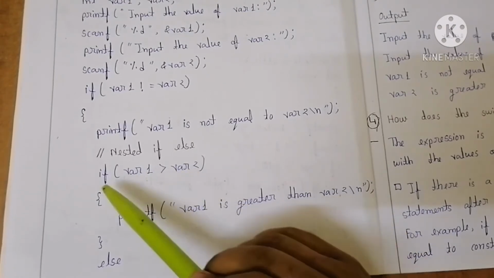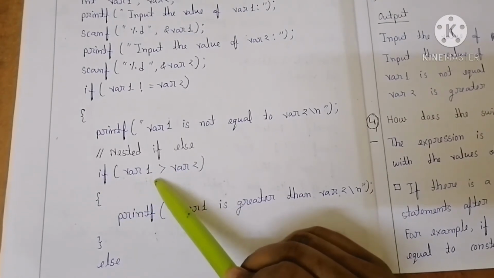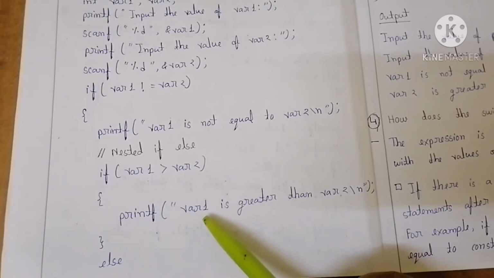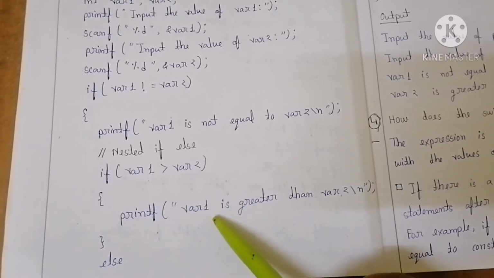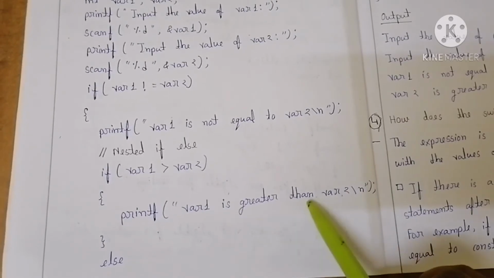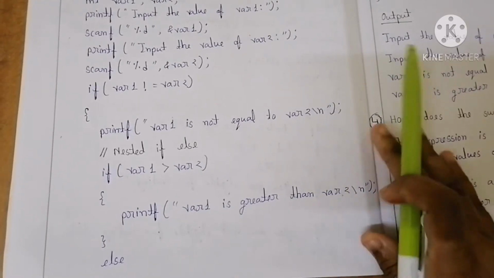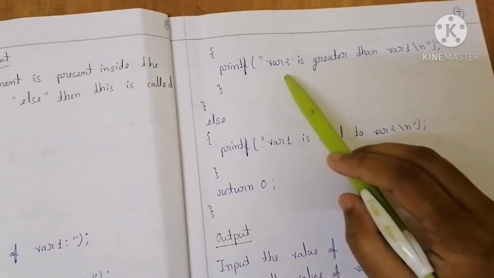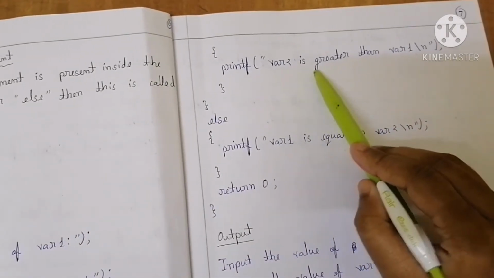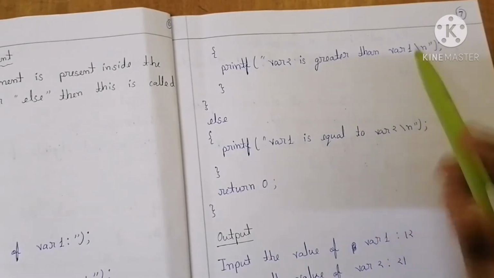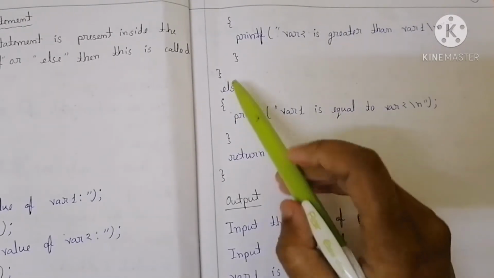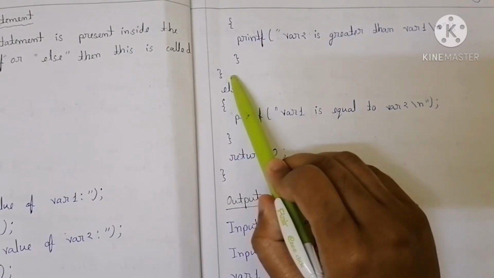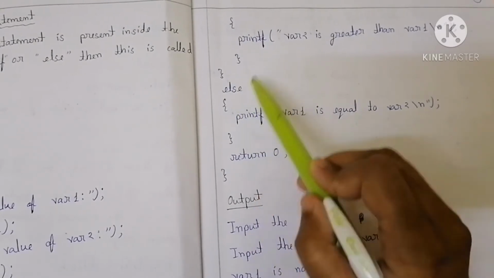Here is the expression: if variable 1 is greater than variable 2, then it will give an output as variable 1 is greater than variable 2, else it will give an output as variable 2 is greater than variable 1. Now here the nested if else statement will stop.